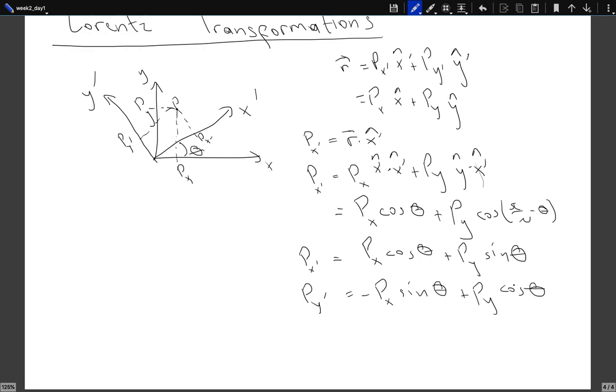So we have, rather than just rotated axes, two different reference frames. Pi over 2 minus theta is just this angle over here.